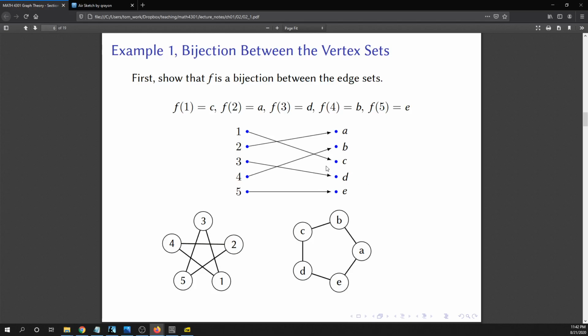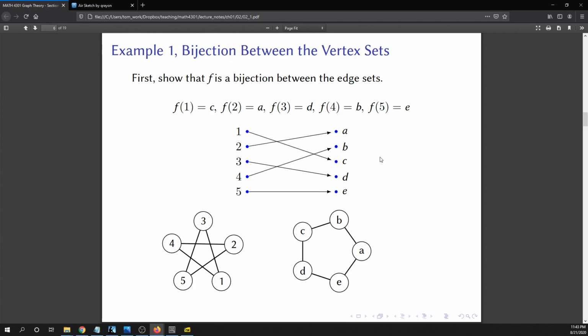And for one-to-one, it's again really easy to tell, because if it's not one-to-one, then you'll have some element over here in the range where there are two arrows coming into it, and we can see that that doesn't happen. So this is one-to-one. Again, really easy to tell when it looks like this. So that's part 1. This is indeed a bijection between the vertex set of G and the vertex set of H. That's the first thing that we need to check.